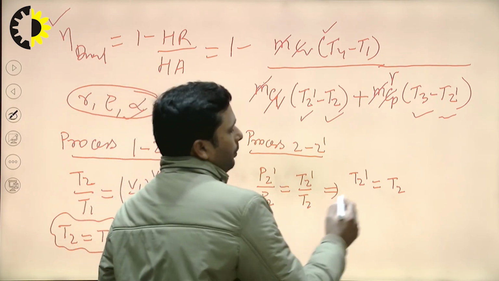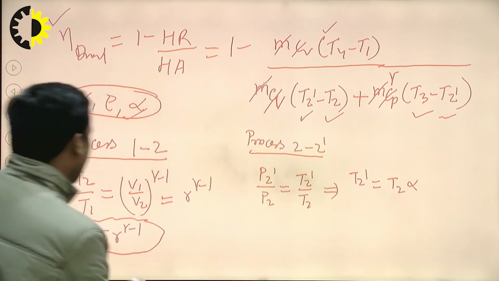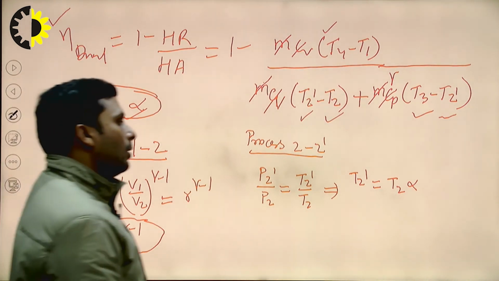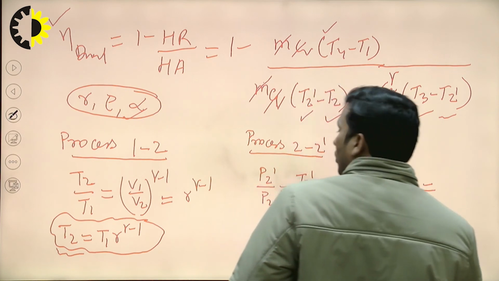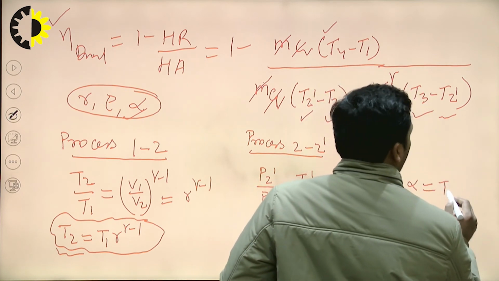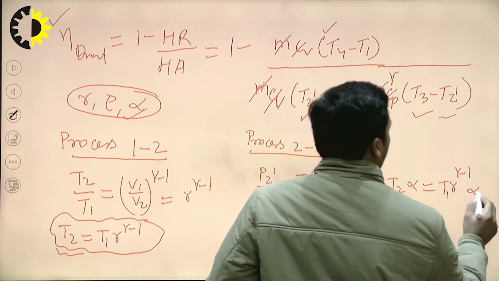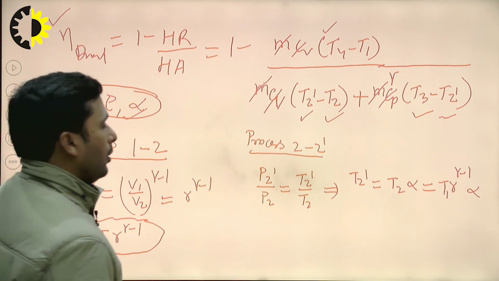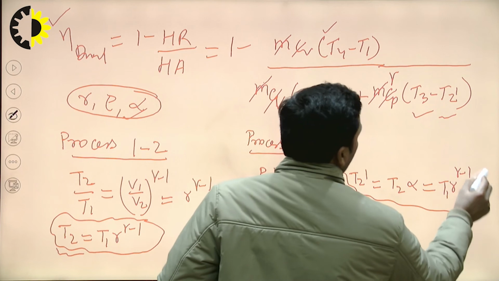So P2 dash by P2 is equal to alpha, and we have calculated T2 in terms of T1 and the compression ratio. So T2 dash will be equal to T1 r to the power gamma minus 1 into alpha. So T2 dash is also converted in terms of the compression ratio and explosion ratio.